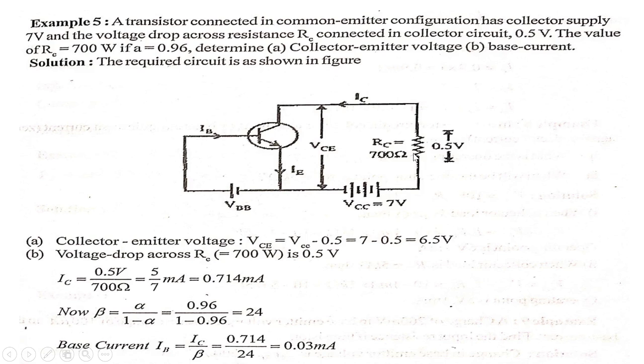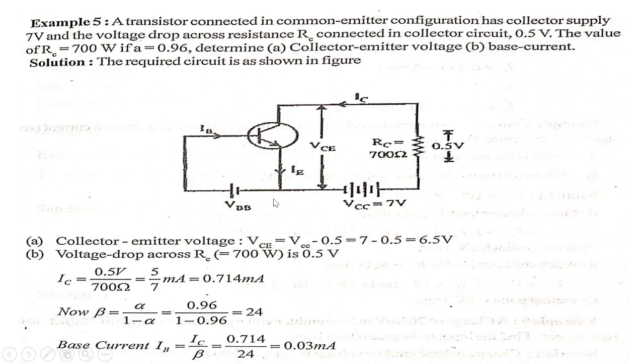The value of RC is 700 ohm. If alpha equal to 0.96, determine collector emitter voltage and base current. So the required circuit is shown in figure. See in figure, the transistor is connected here in common emitter configuration.